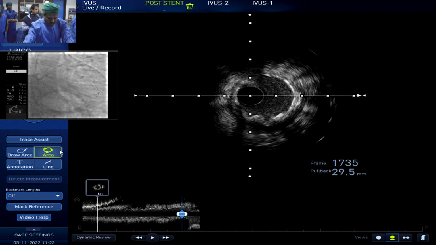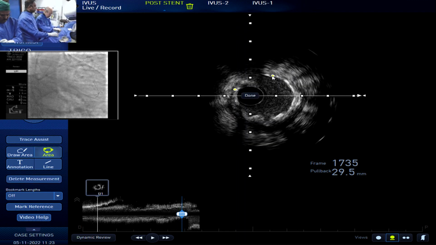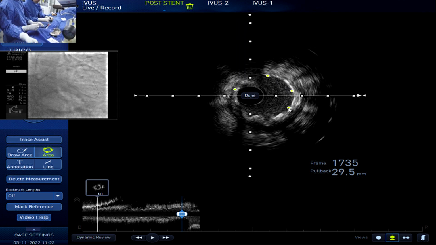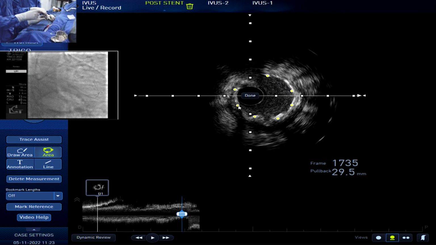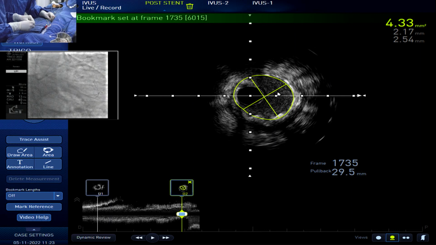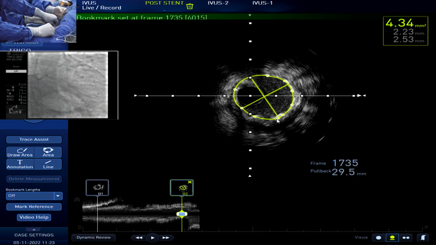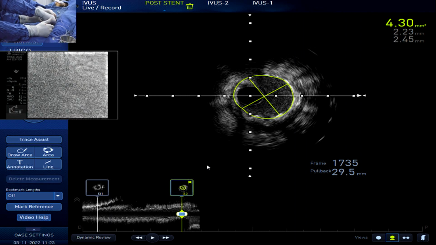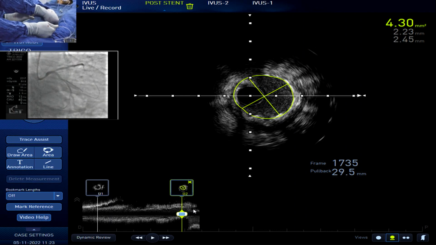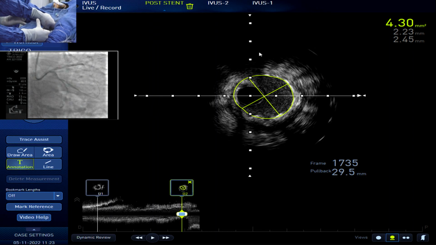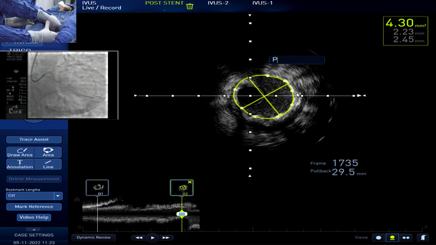Main circ. The position of the proximal edge is ideal, not protruding to the main branch. And the area is 4.3 and diameter is around 2.4.